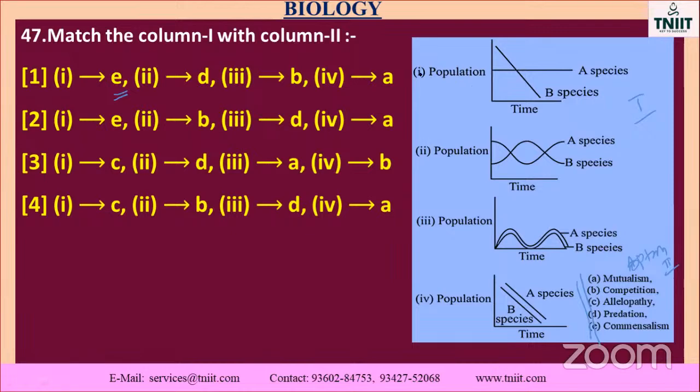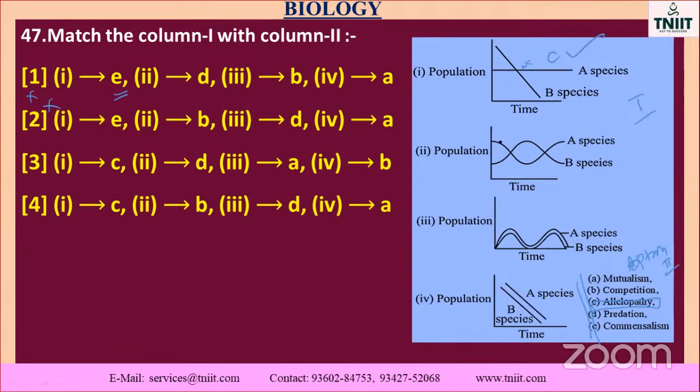Just imagine the first one is E. Where is E? Commensalism. Commensalism means what? Both are beneficial, isn't it, my dear? Here it is opposite, so it will not come. So E will not come. So these two will not come. C is the correct answer they have given for one. What is the meaning of C? Allelopathy. So C, allelopathy, is the correct one.